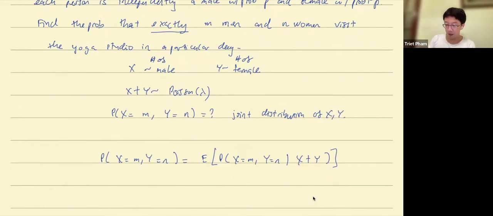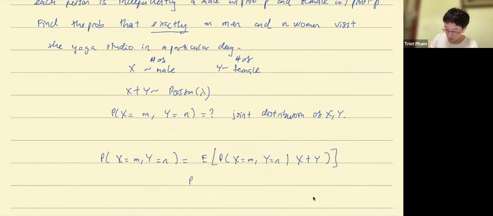What values can the sum take in this case? Only one value, which is m plus n. Because if X is m and Y is n, what values can X plus Y take? It's just m plus n.